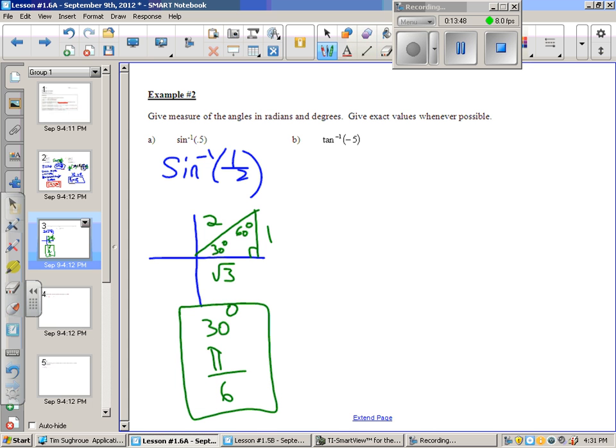You need to know that 30 degrees is pi over 6, that 45 degrees is pi over 4, that 60 degrees is pi over 3, and that 90 degrees is pi over 2, and then you should be able to find any rotation from that. And I will talk about that in class more, how you should be able to rotate in your head to be able to find angles quickly without having to convert it every single time. You should be able to do mental math to find a lot of these angles.